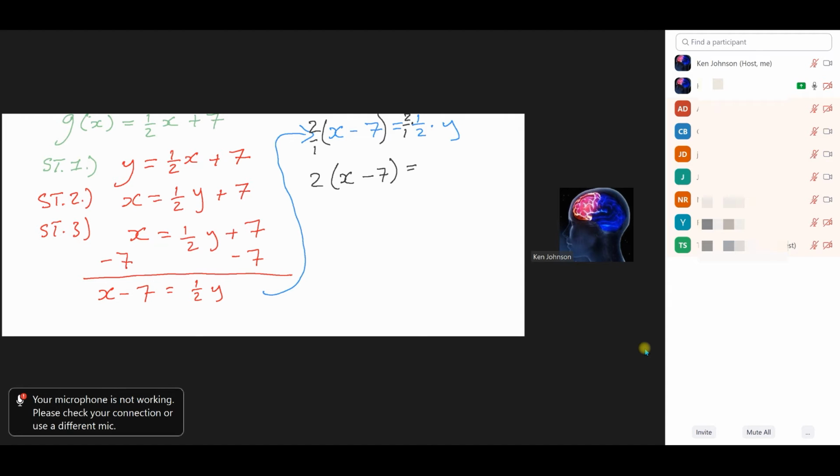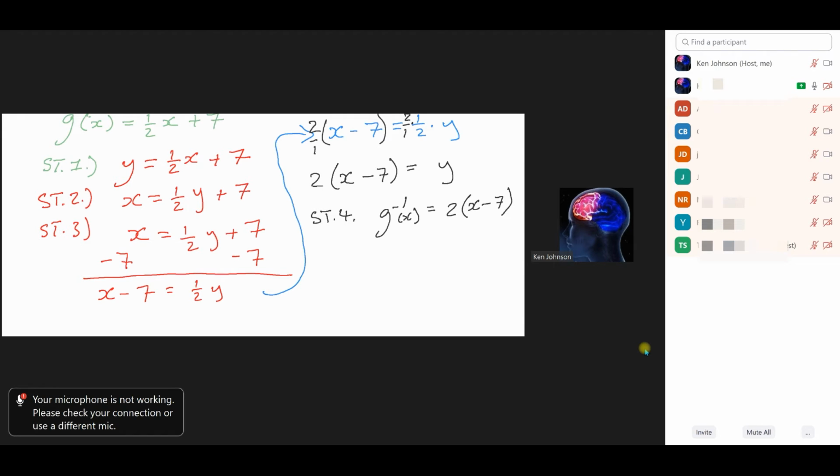On this side, those will cancel, so you will have y. So we can actually distribute this, but what we're going to do, we're going to go to step 4. And we're going to say g inverse of x is actually 2 outside of x minus 7.